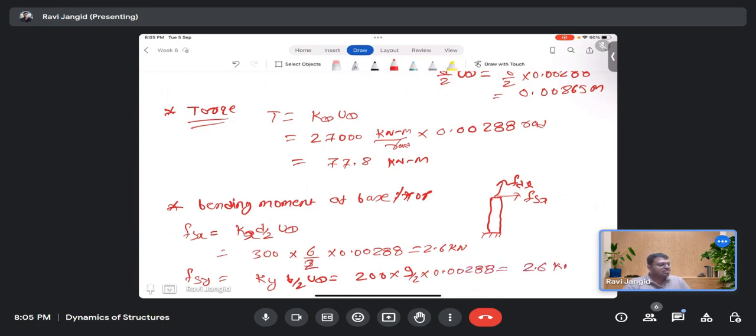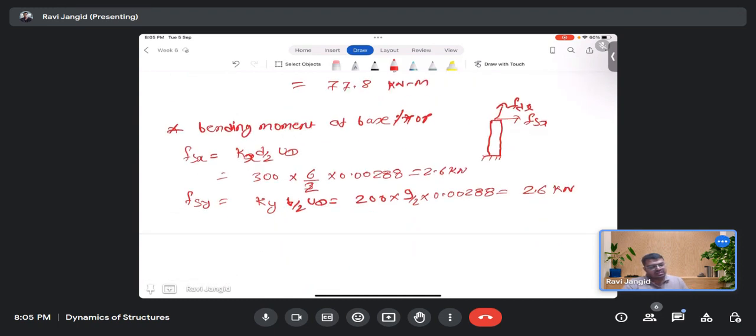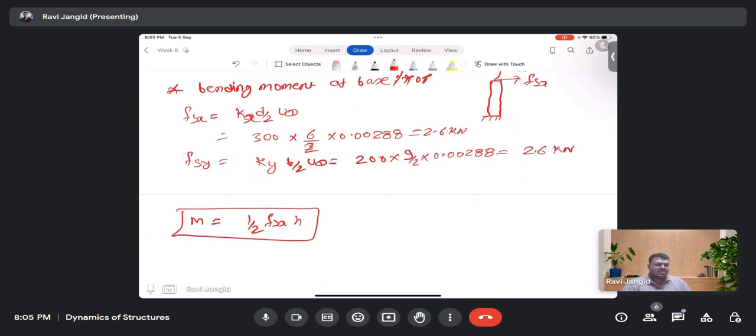That is also the same. So if you have Fsx, can you find the moment? Can I find the moment as 1 by 2 Fsx into h? Is it okay, or do I need to explain this? Not required, okay, but let me explain if someone does not know.